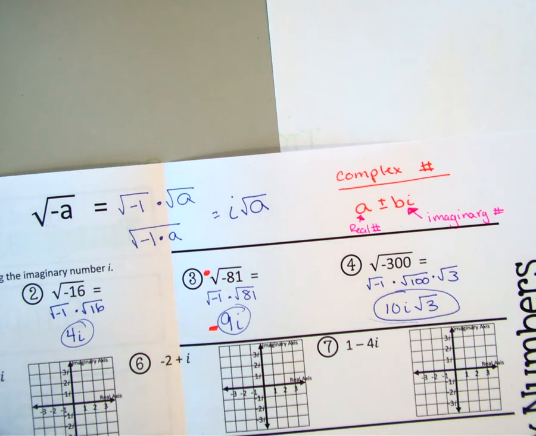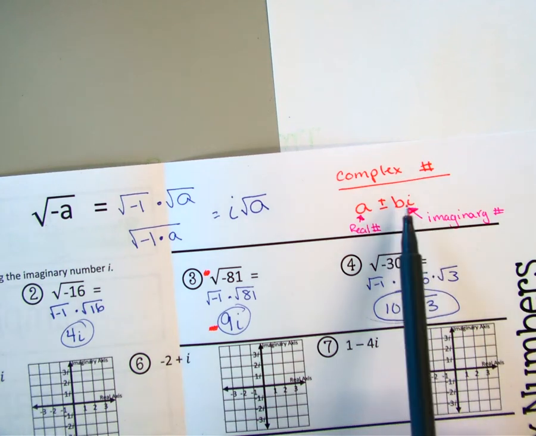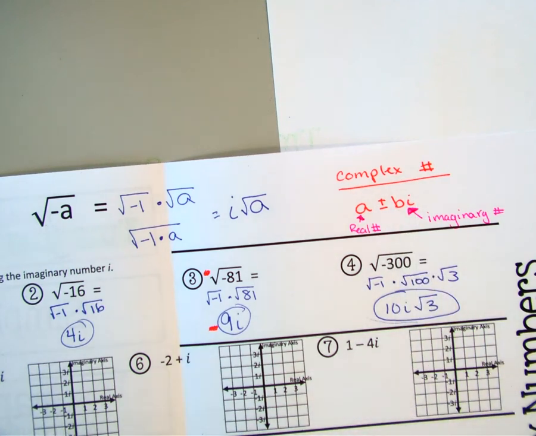So down here in that second category that we just did, where we practiced simplifying those radicals to find our imaginary number, those were all examples of just the imaginary part. So just that bi portion of it is what we were doing down there. So again, when you combine it with a number out in front, a real number, that's what makes it a complex. So technically speaking, every number is a complex number.